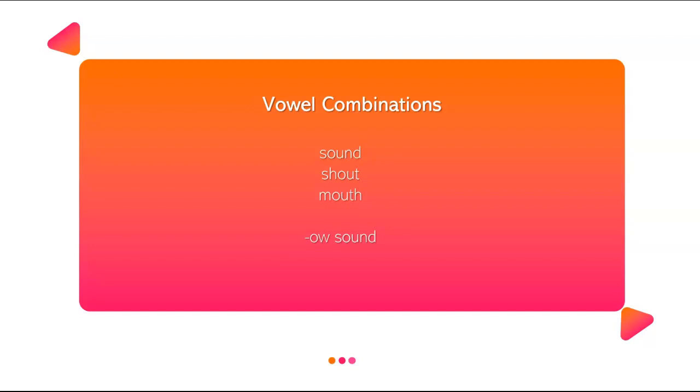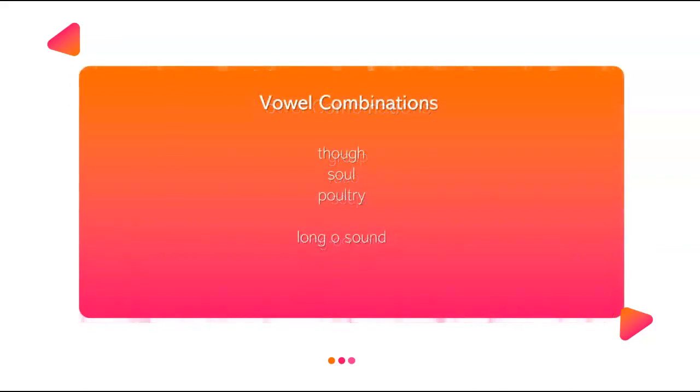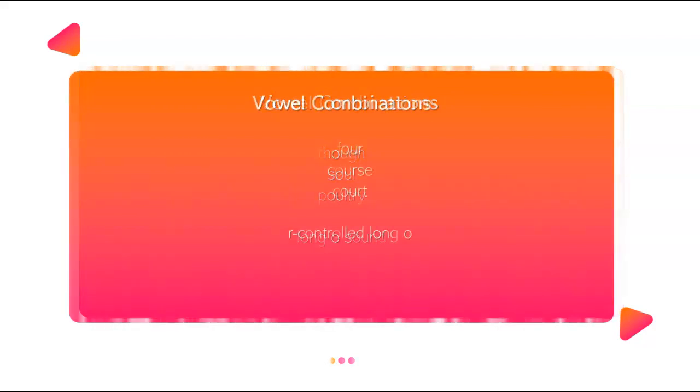The OU vowel pattern has different sounds. It can have the ow sound in words such as sound or shout. It can have an oo sound, like in the words soup or group. It can also have a long O sound, like in the words though or soul. Or it can have an R-controlled sound, like in for or course.